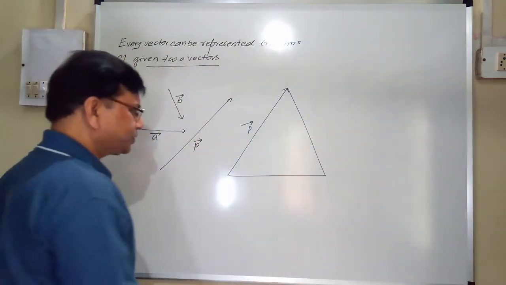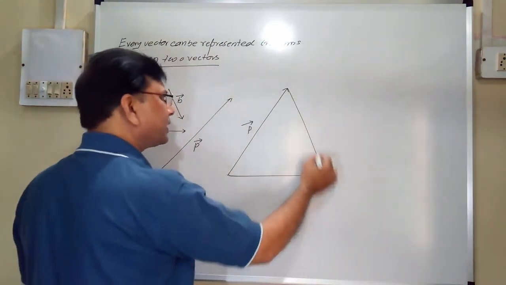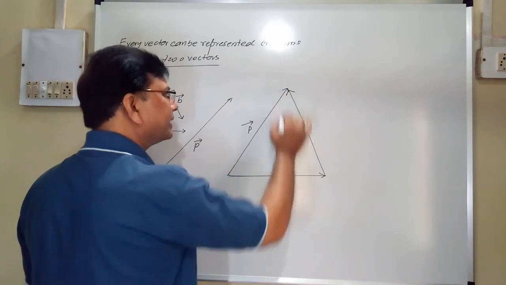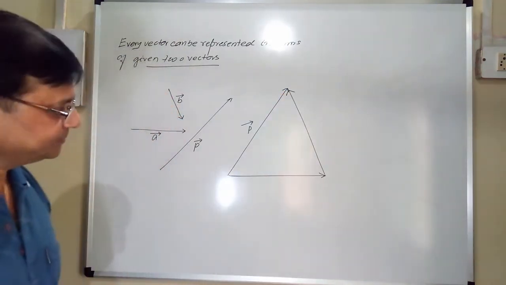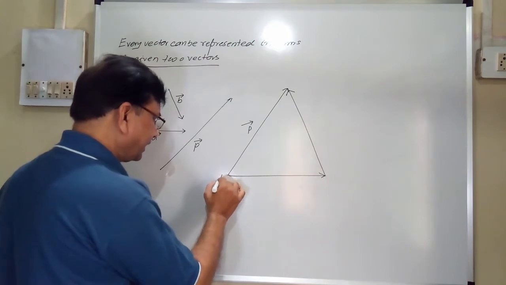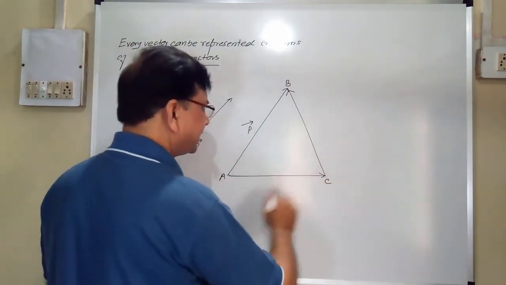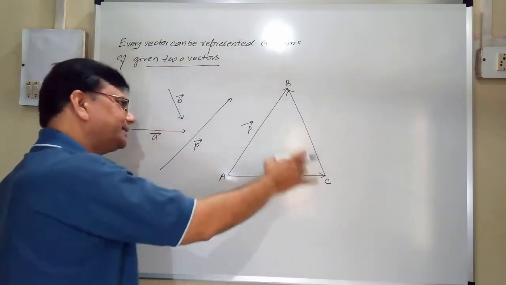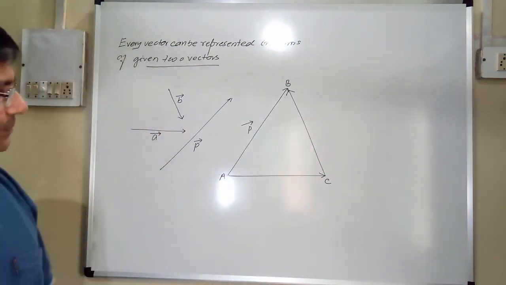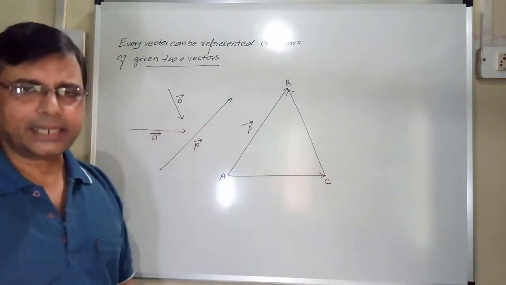Now if I put an arrow head over here and put an arrow head over here, then what happens? This is A, this is B and this is C. In this triangle, I have given names to these vertices.